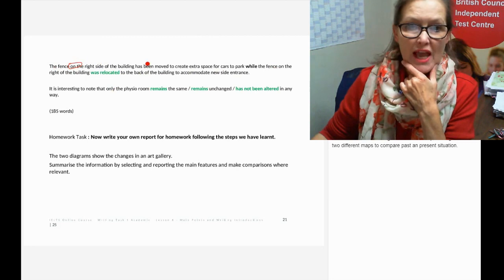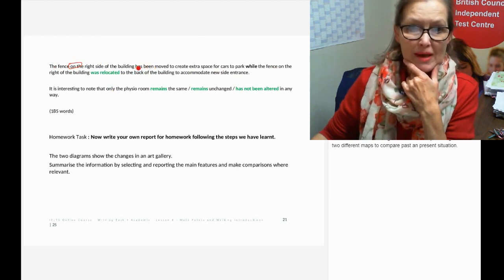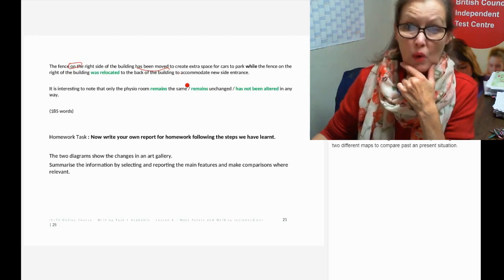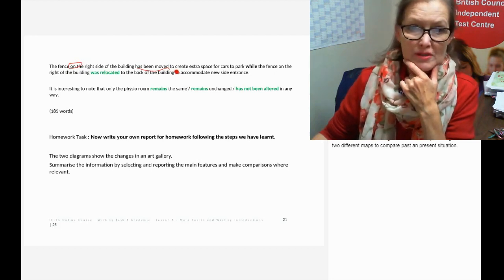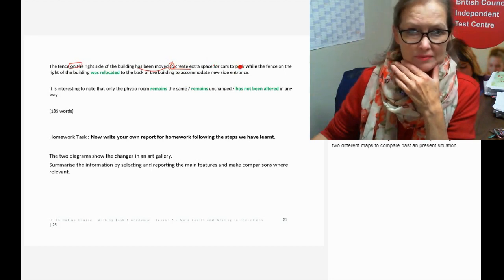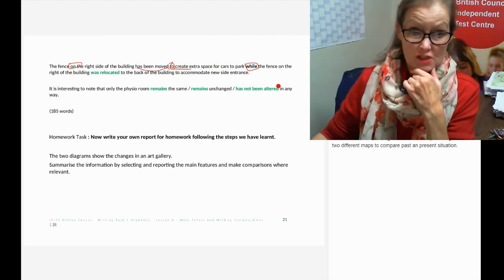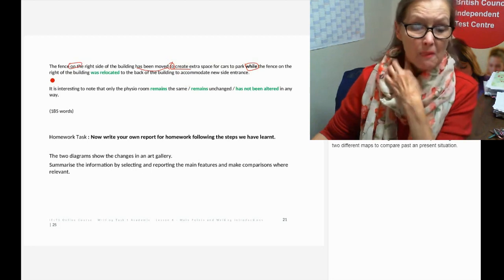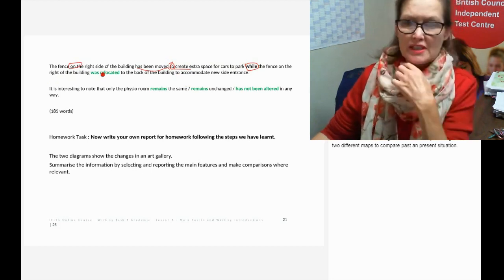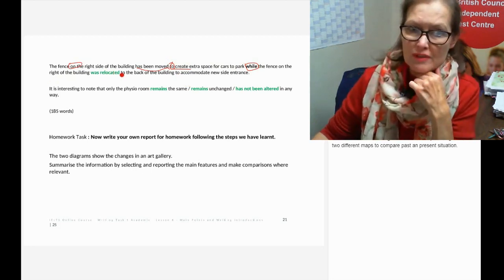And note I've used a has been moved, my present perfect, passive again. Why, my infinitive purpose. To, my infinitive with to create extra space for cars to park. And while, because I'm sort of combining two ideas here, the fence on the right of the building was relocated. So I didn't repeat the word moved.